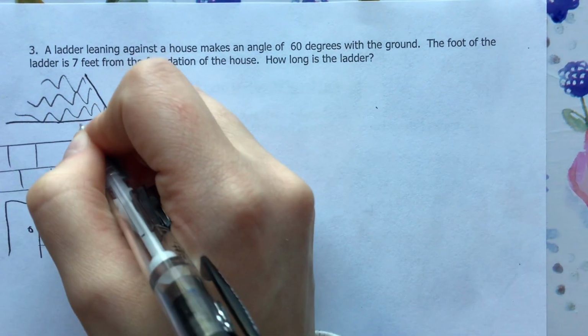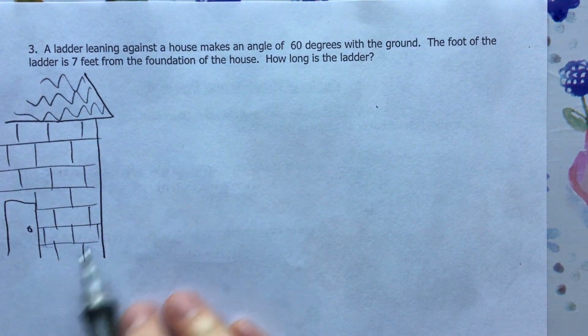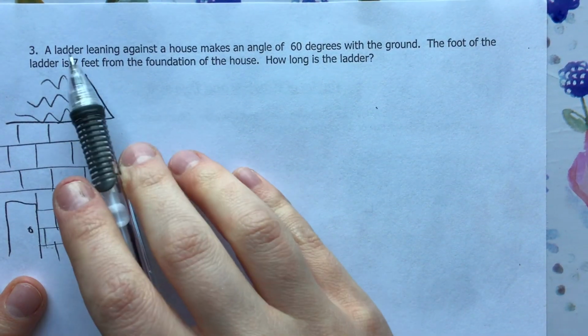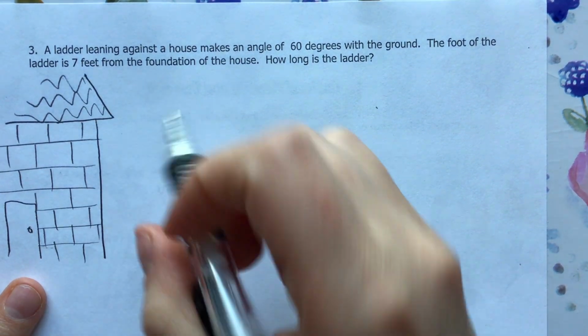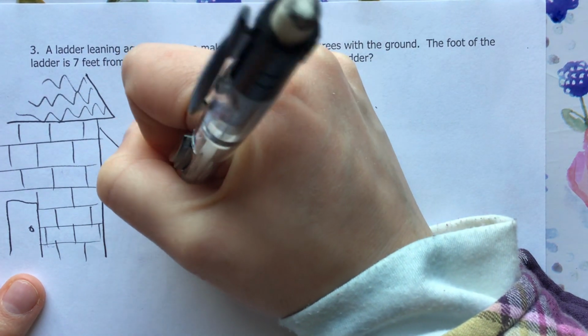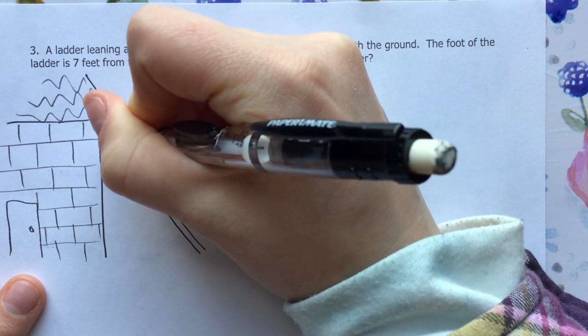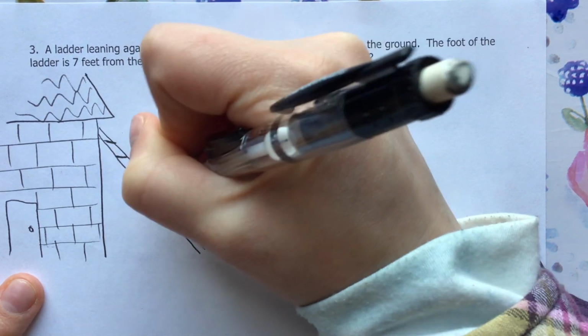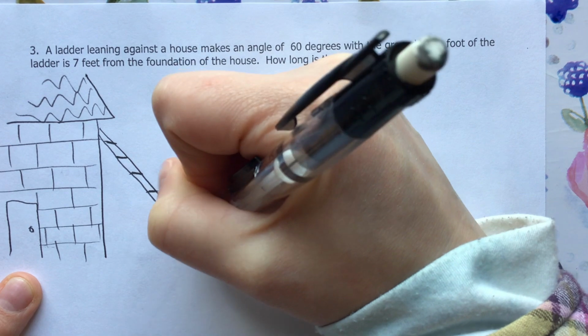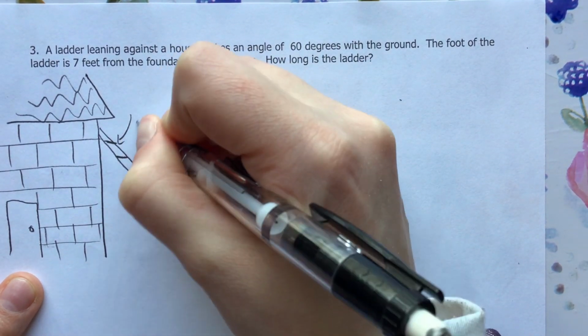It's a brick house. Okay, so here's our house. And it says a ladder is leaning against it. So now we have this ladder, and I'll just draw it like this. So here's our ladder.